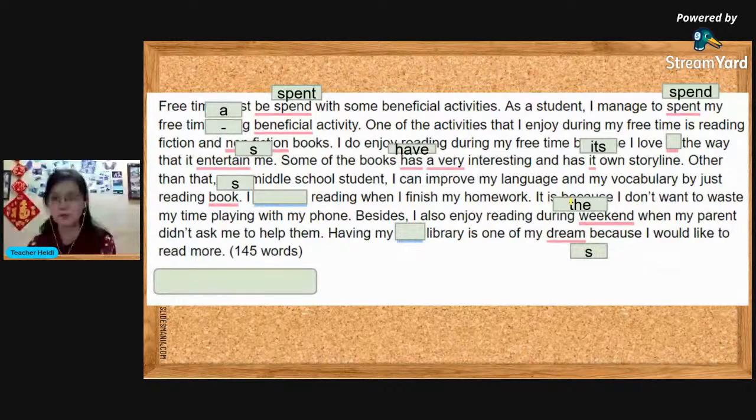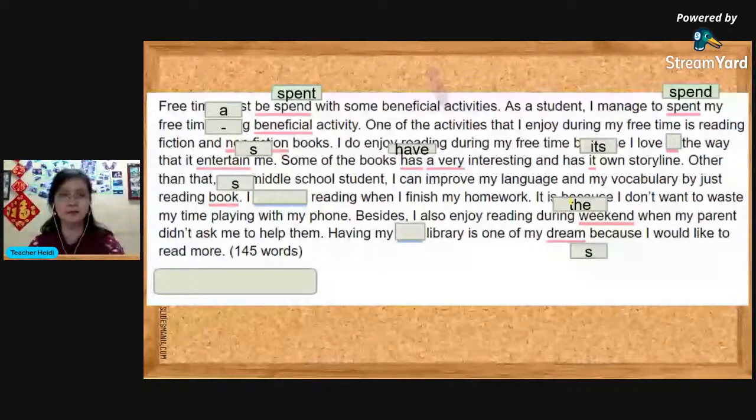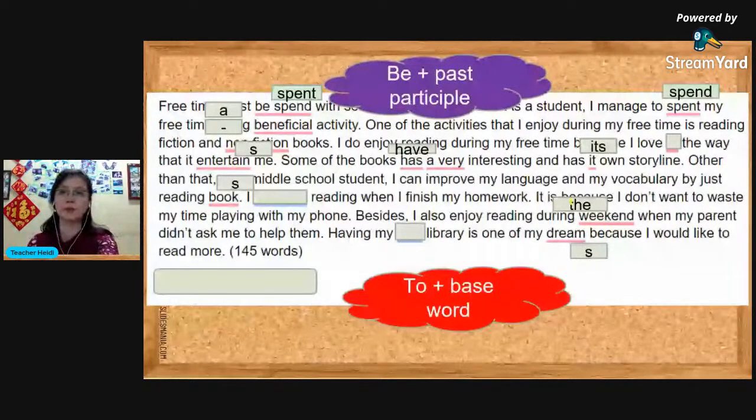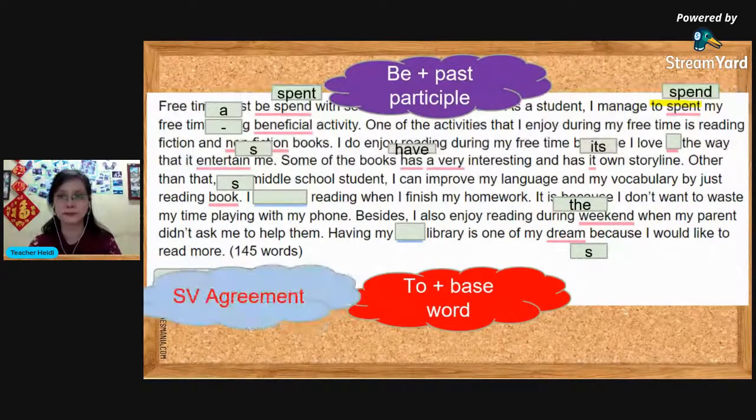Okay, let's look at the mistakes. First of all, after be, you have to go with the past participle. And after to spend, you have to say to spend, the base verb. And then subject-verb agreement, like what I said just now: it entertains, and of course books have.